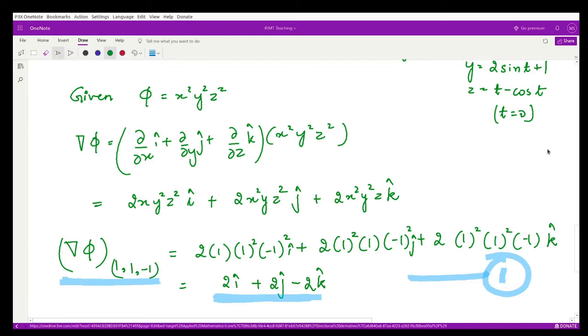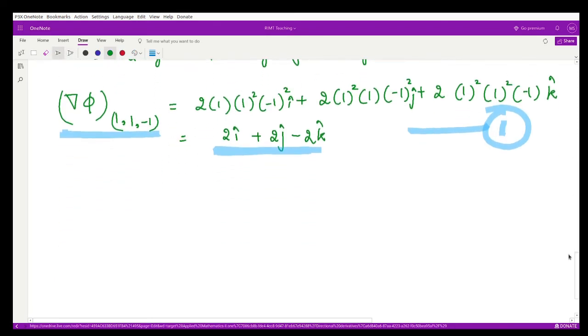Okay, now next let me calculate what is the direction t cap. So we have to find this t cap, right? So that means we first have our given curve. If you see, x is given to be e to the power t, y is given to be 2 sine t plus 1, and z is given to be t minus cos t, right?